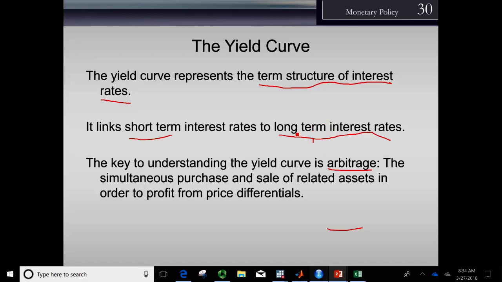Okay, so we're going to tie together short-term interest rates with long-term interest rates. And remember that the Fed is targeting short-term interest rates. Ultimately, they hope to influence the economy, and that's only going to happen if their influence over short-term interest rates translates to an influence over long-term interest rates. Again, complex nature of monetary policy.